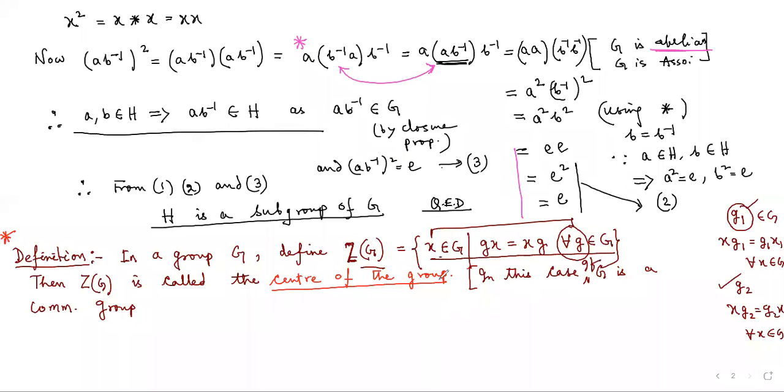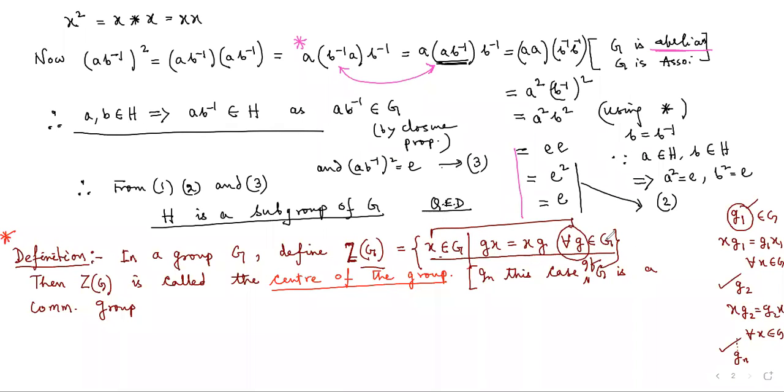Capital G is not always commutative, because as I've explained, for some elements it's happening. So g1 and g2, and if you can find similar g's, say gn, for all such g's, the elements of G which we denote by x are commuting.